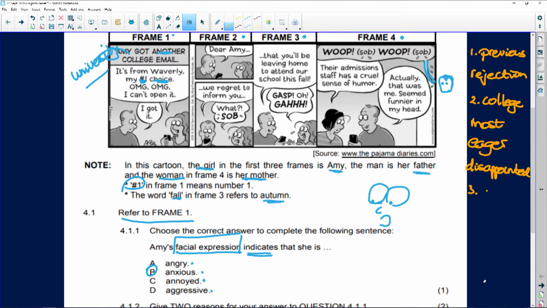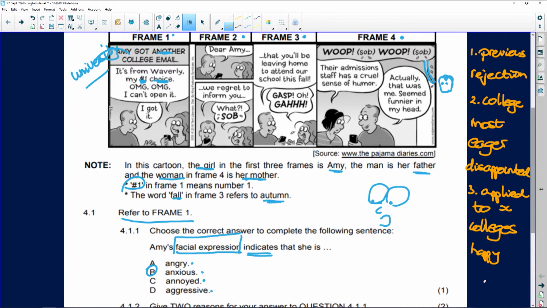Obviously, she has applied to more than one college. I don't know, I'm just putting X colleges. She's applied to more than one college, and she might not be very happy with the previous response. We don't know how many colleges she's applied to. Maybe she got a response from her number 4 choice, and she doesn't really want to go to that one.